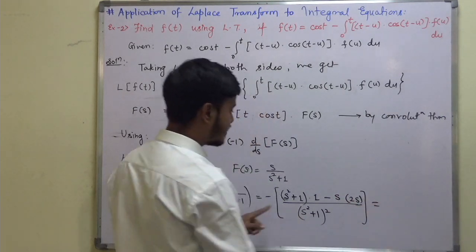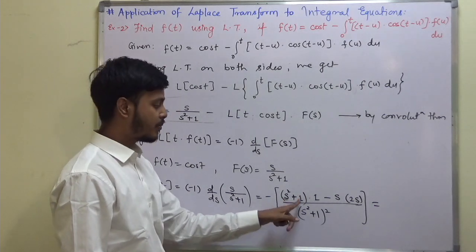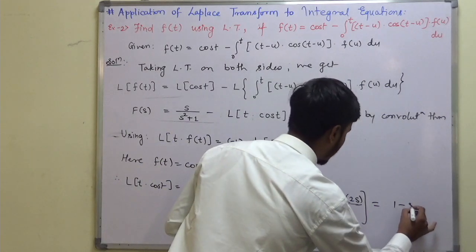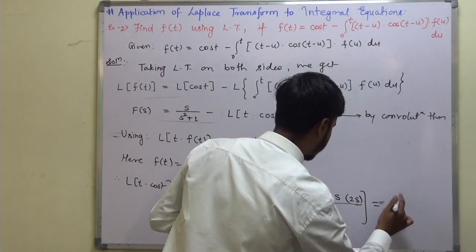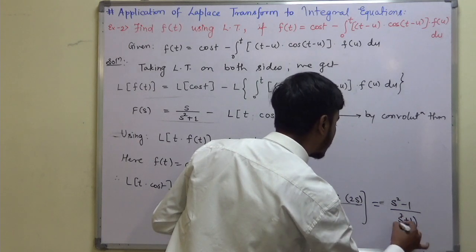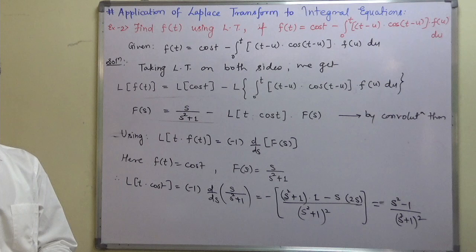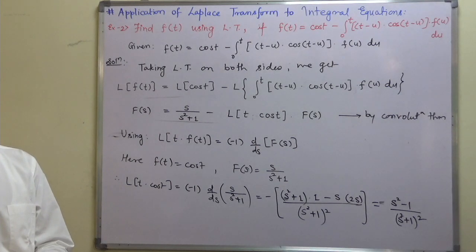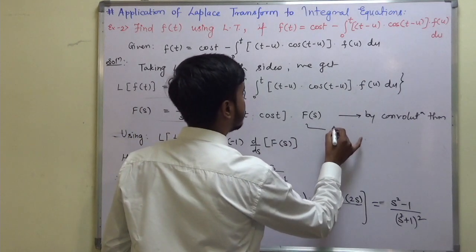When you solve this, this is minus 2s square, this is s square minus s square plus 1, so this is 1 minus, and here it is minus sign outside. So this is s square minus 1 upon (s square plus 1) whole square. Yes, we are getting this.